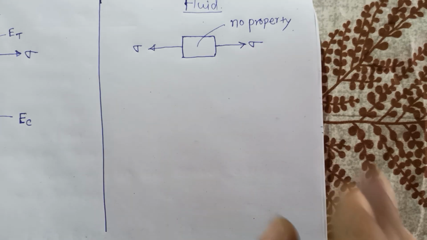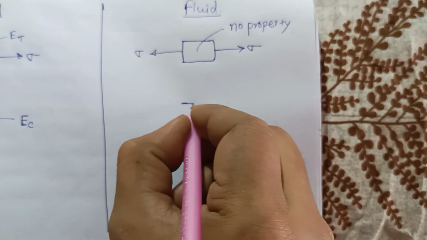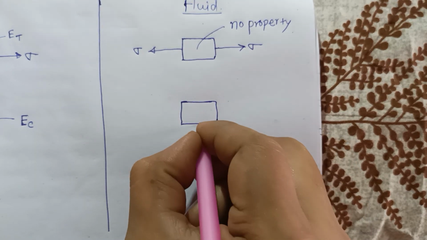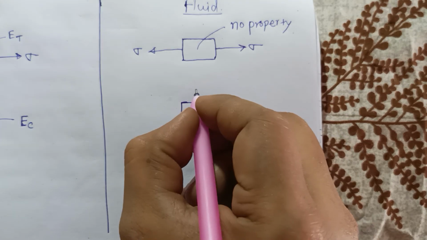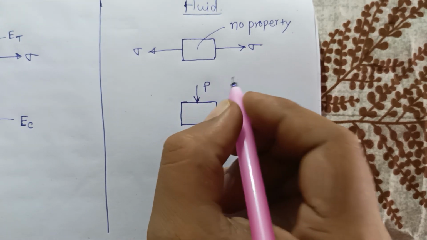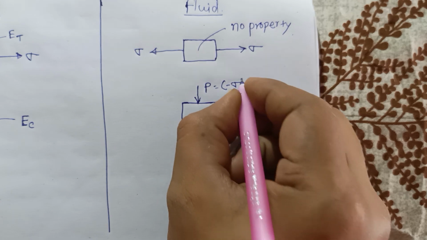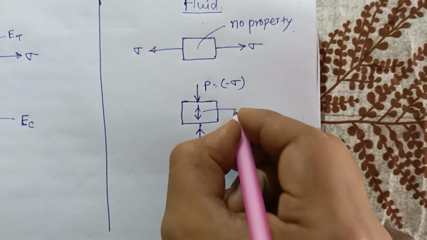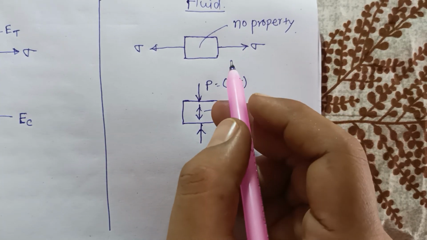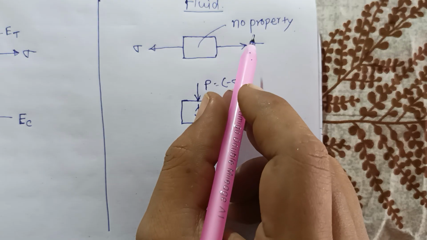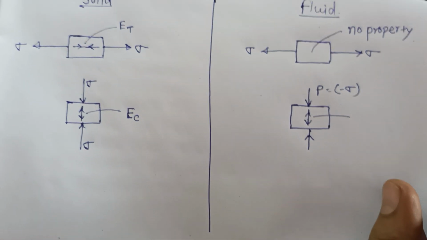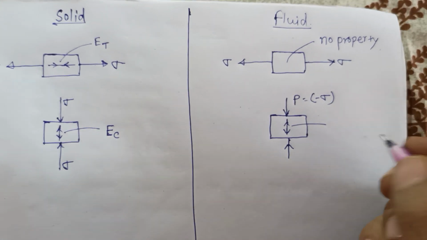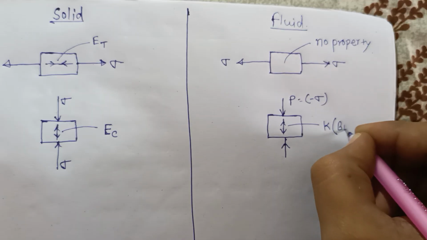But for a fluid element, if you apply compressive stress or pressure in that direction, or you can say minus sigma, here the bulk modulus comes into the picture. So if there is tensile stress, there is no property for the fluid, but if there is compressive stress or pressure, the bulk modulus K comes into the picture.